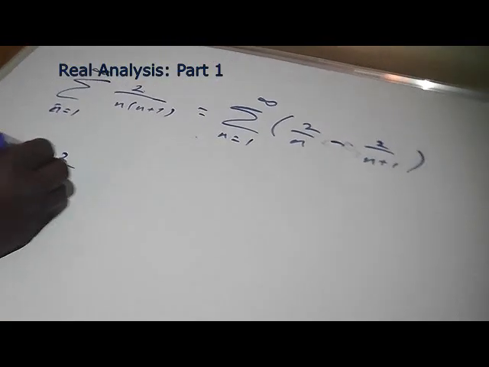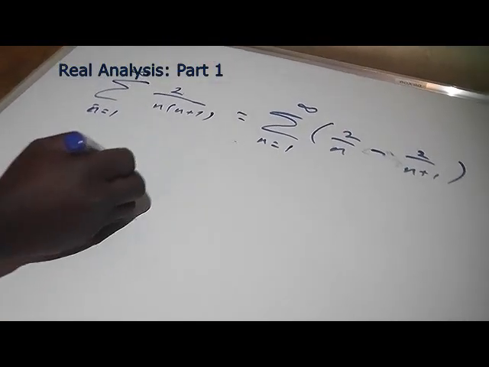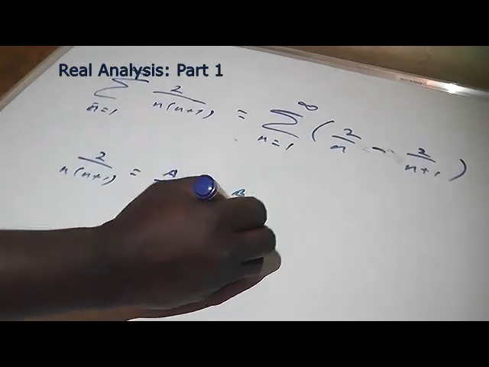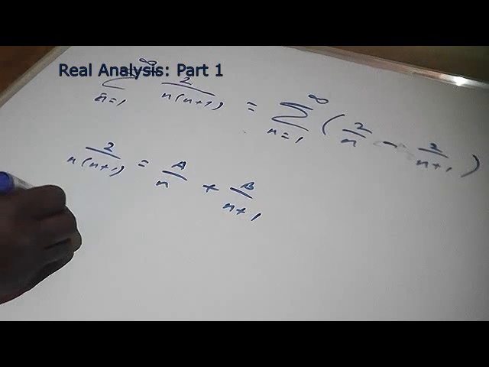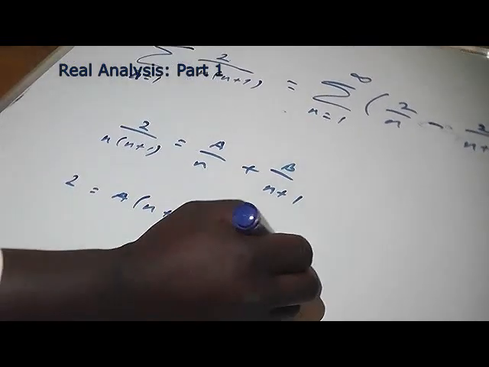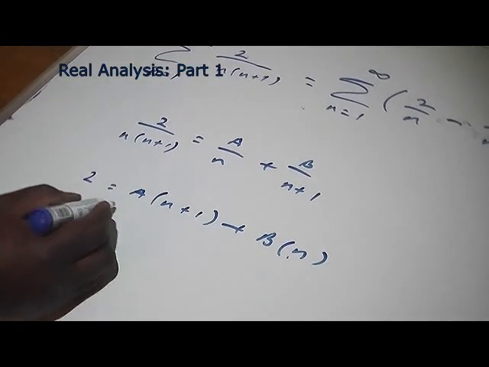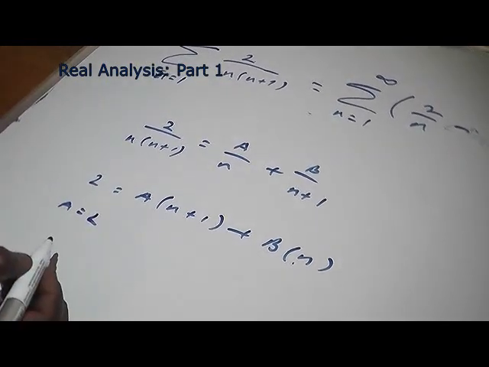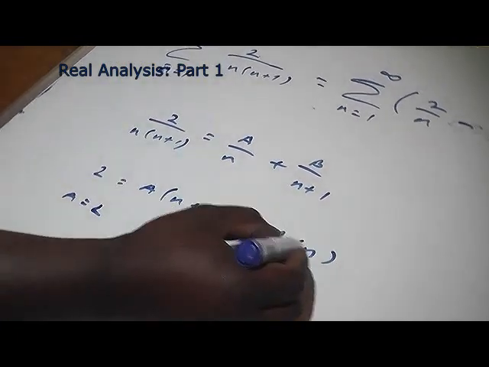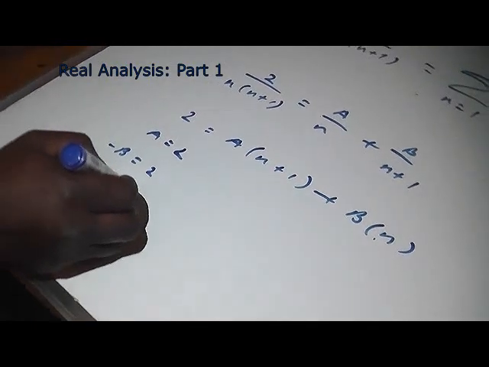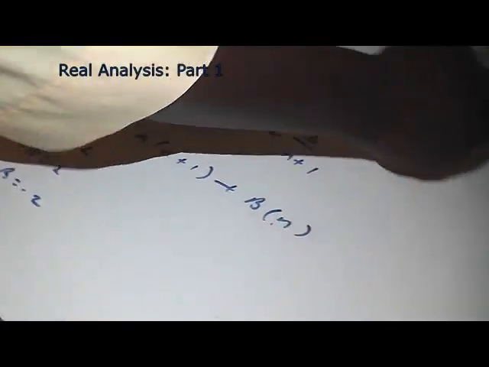This is from the fact that 2 over n(n plus 1) is nothing but a over n plus b over n plus 1. Crossing, this is a into n plus 1 plus b into n. If n is 0, this gives a equal to 2. If n is minus 1, this is minus b equal to 2, meaning that b equals minus 2. So this is correct.